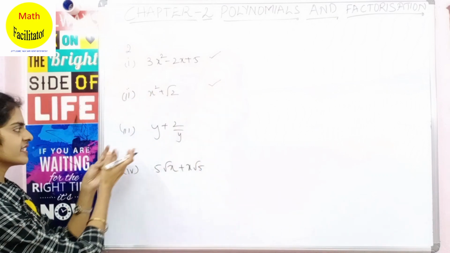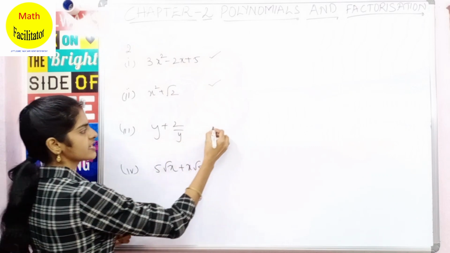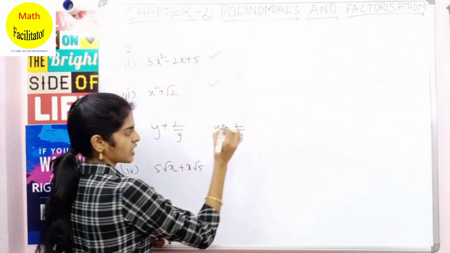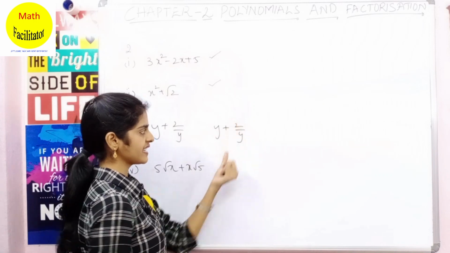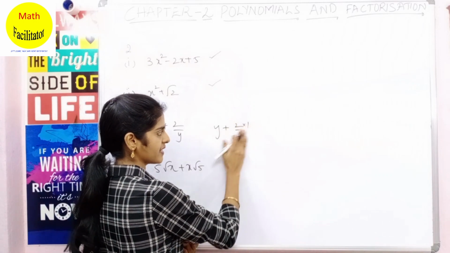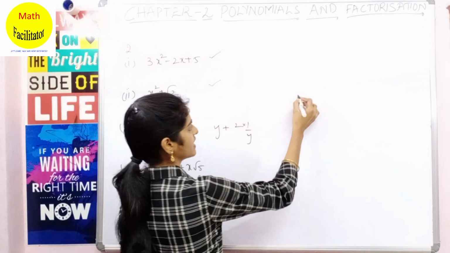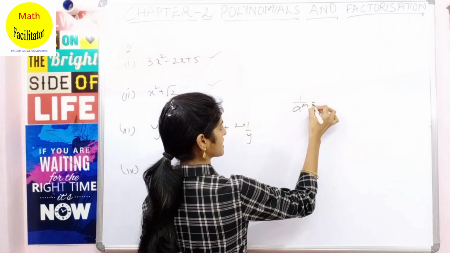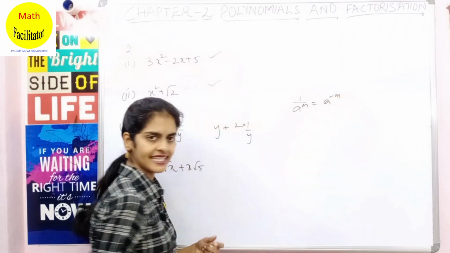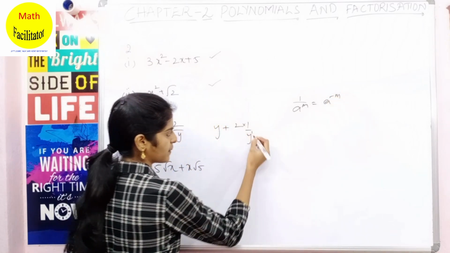Now the third case is y plus 2 by y. Here 2 by y is nothing but 2 into 1 by y. Yes, you can write it in this way. And you have learnt 1 by a power m is nothing but a power minus m. Here y is nothing but y power 1.